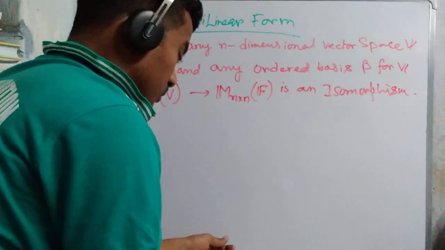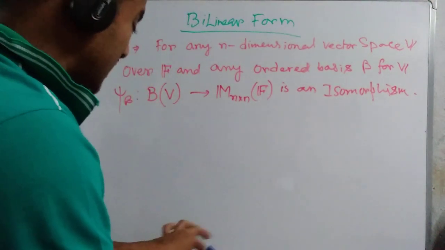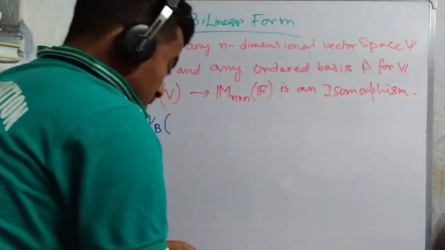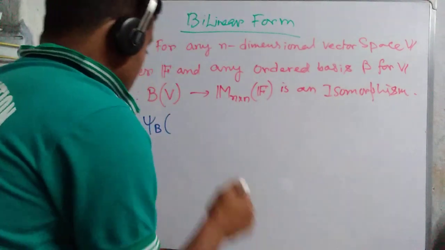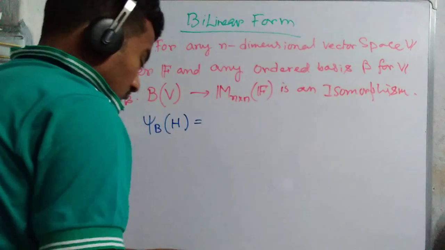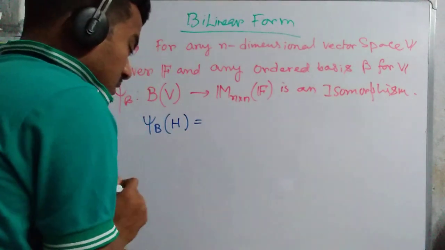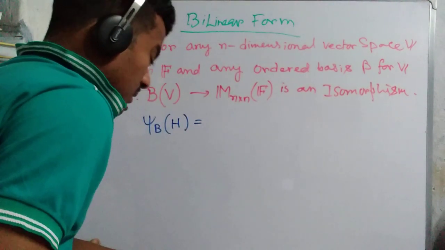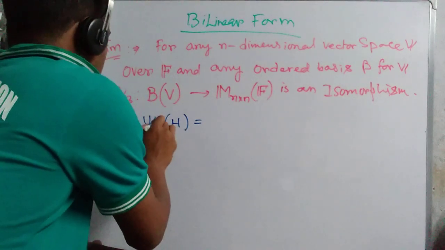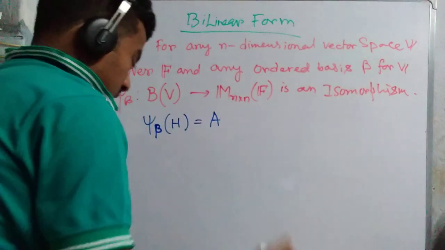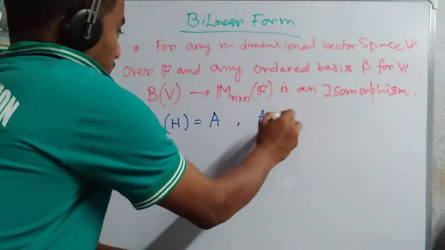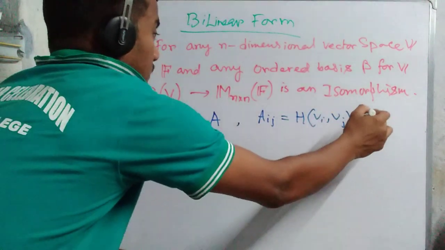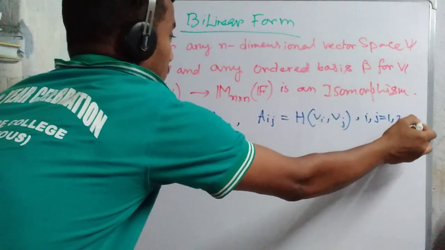We already know that psi beta of h equals some matrix A, where a ij equals h of v i, v j, for i, j equal to 1 to n.